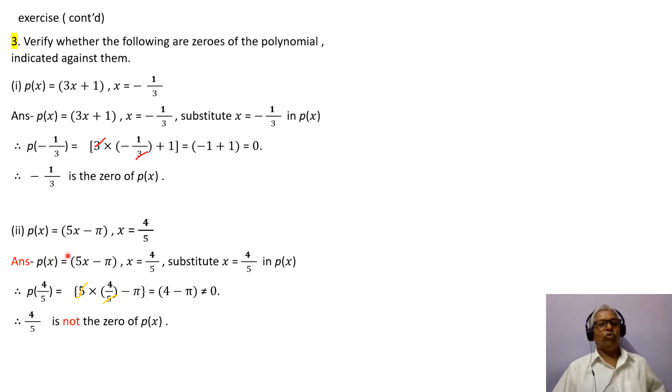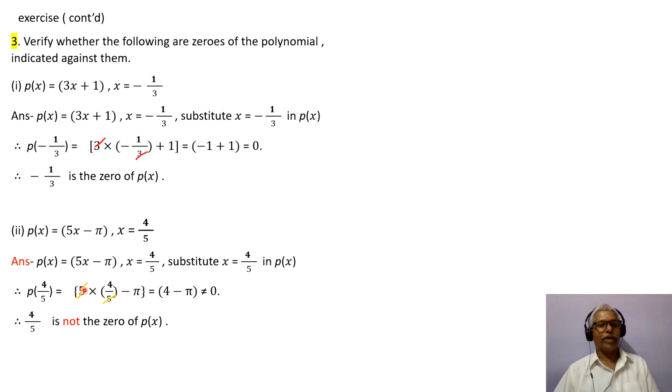Second one, now it is very simple. p(x) equal to 5x minus pi and the value of x given is 4 upon 5. So we have to substitute x equal to 4 upon 5 in p(x). We have done it here. p of 4 upon 5 is equal to 5 into 4 upon 5 minus pi.